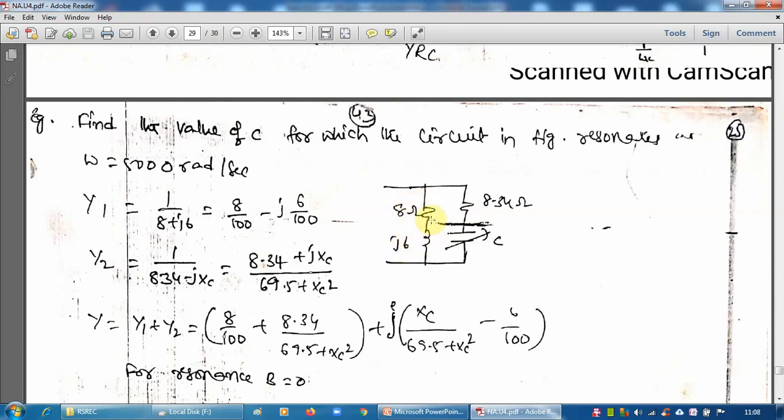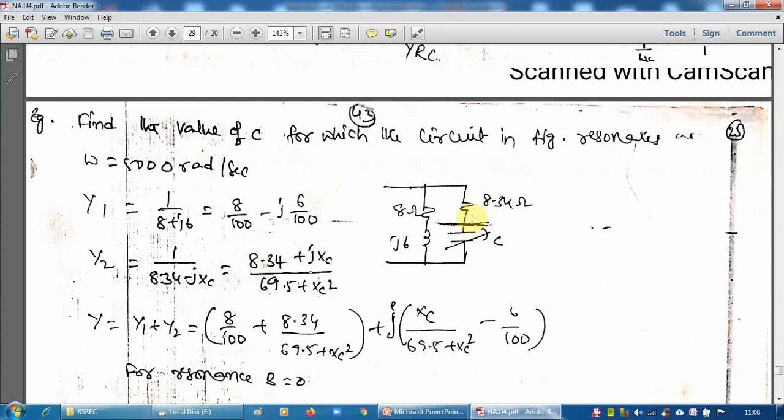Admittance means 1 by that Z, so 1 by 8 plus j6. Similarly, this also is 1 by R minus jXc. The Xc value is not known, therefore it is written as Xc only.